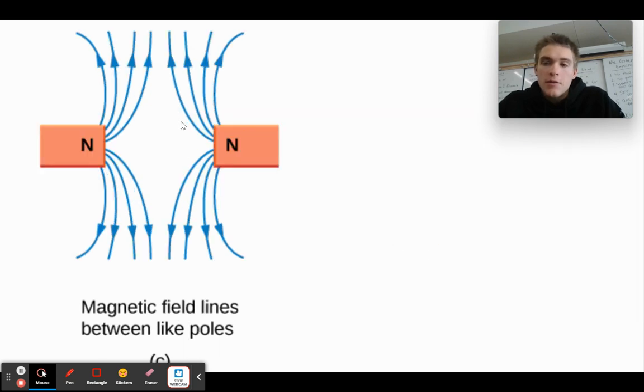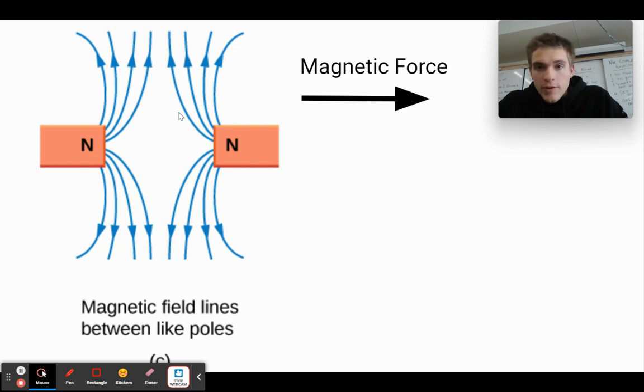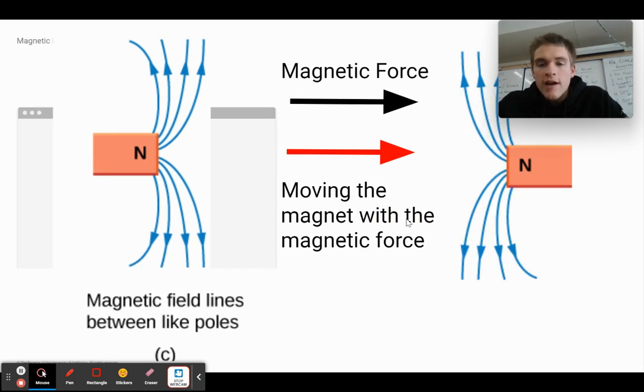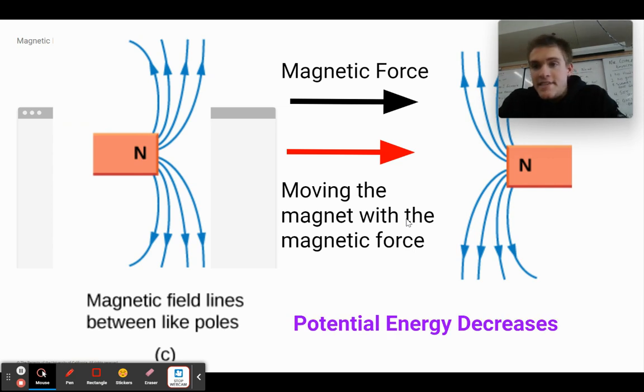If we have a magnet with similar poles, the magnetic force is going to repel, it's going to push the other magnet away. But if we move the magnet with the magnetic force and move it over there, the potential energy will decrease because we've moved it with the magnetic force.